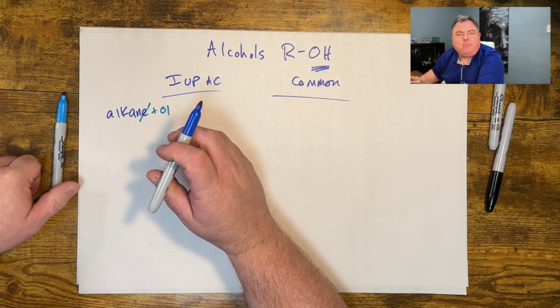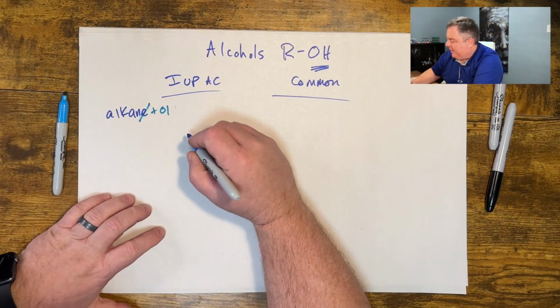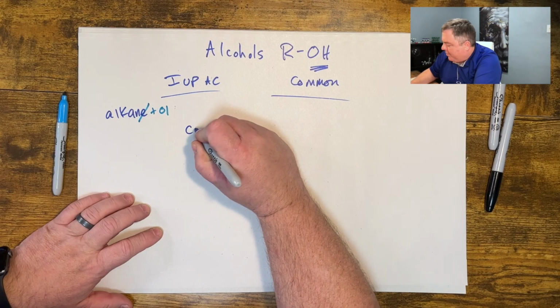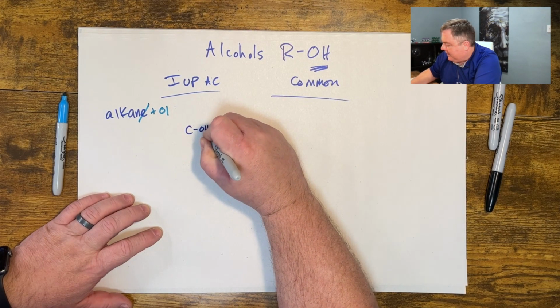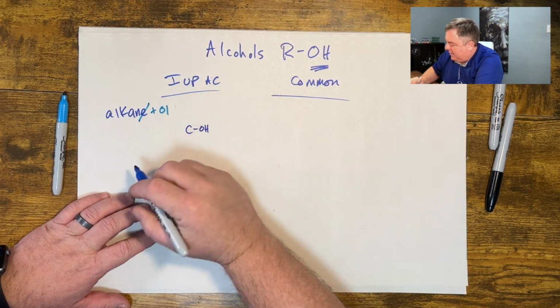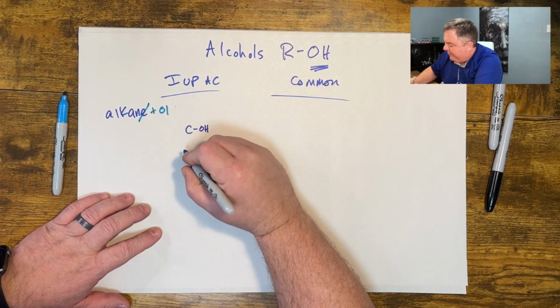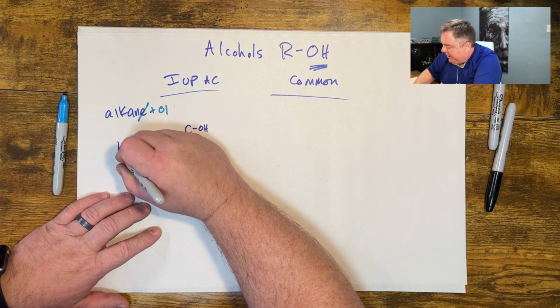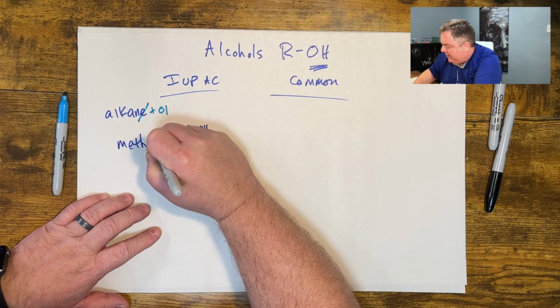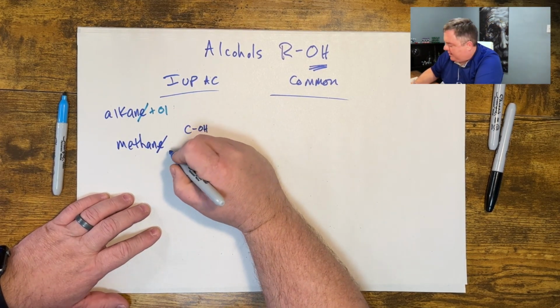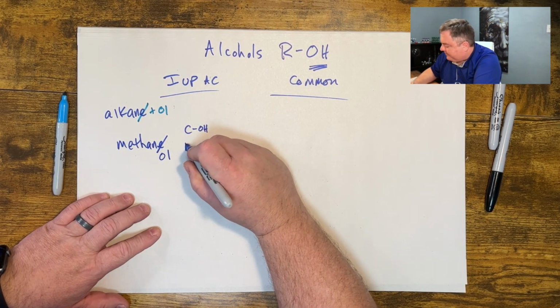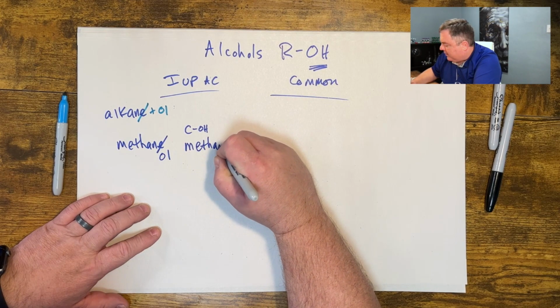So let's just name some of the simplest of alcohols. If you have a 1-carbon alcohol, that would be 1 carbon is methane. So instead of methane, remove the E, add "-ol". So that's methanol.